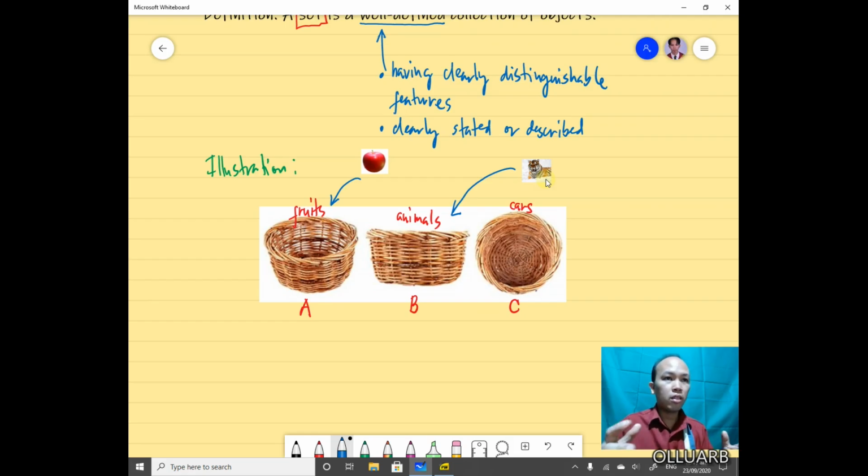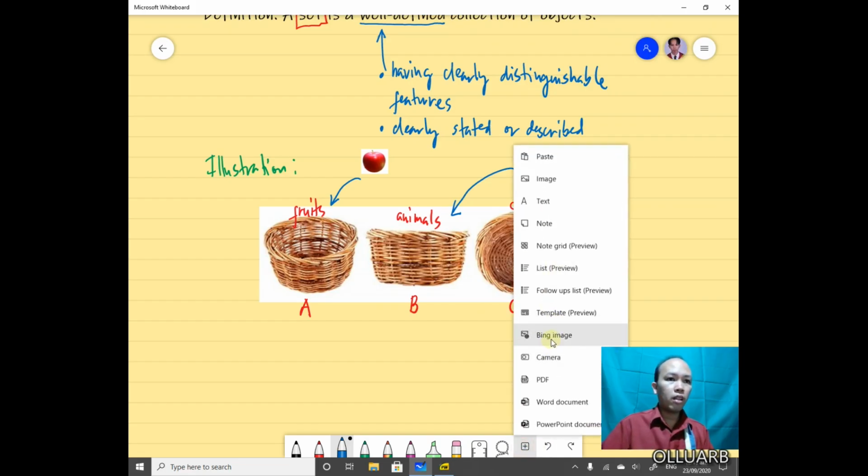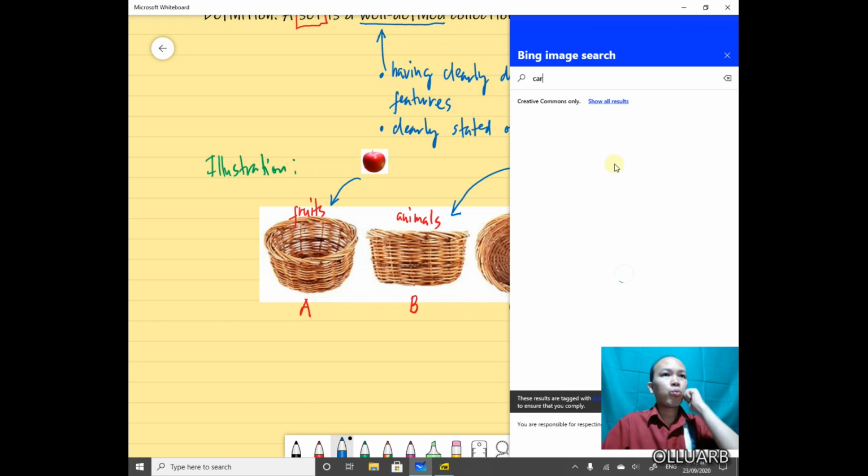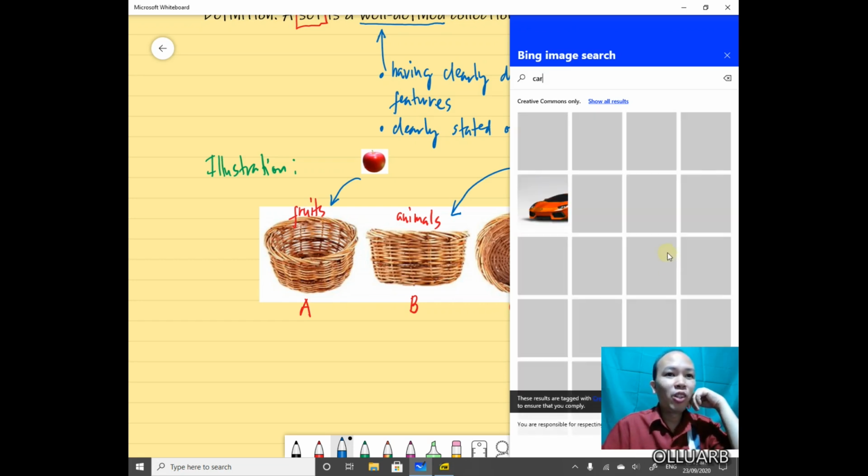All of us can identify that the tiger is an animal. Let's have another image, like a car, for example. This is obvious.